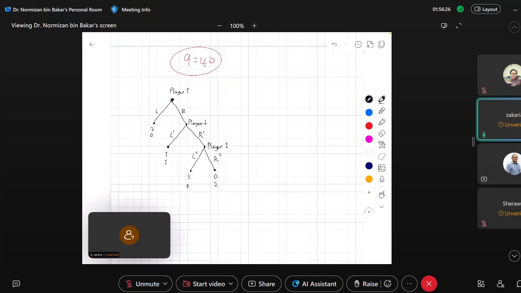Then player 1 will choose... So your optimal answer is that player 2 chooses R1, and then player 1 chooses L prime, L double prime, right? Yeah, correct, Doctor. Okay, so that is your answer.